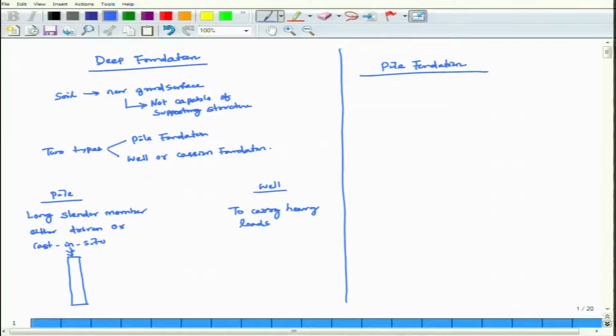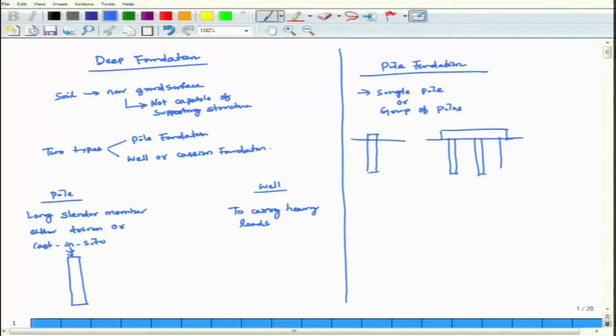Pile foundation may be used as a single pile or a group of piles. This is a pile cap, and this is my pile.